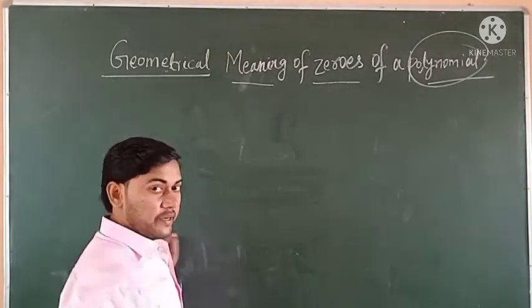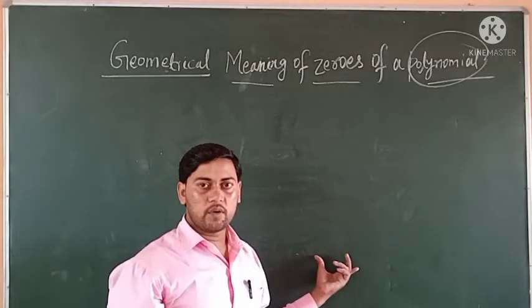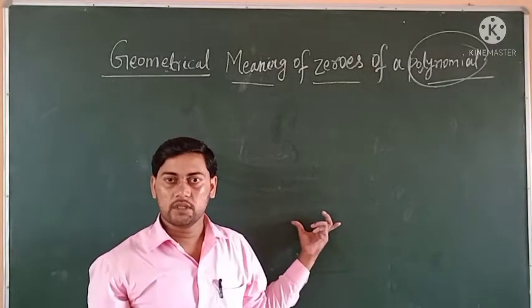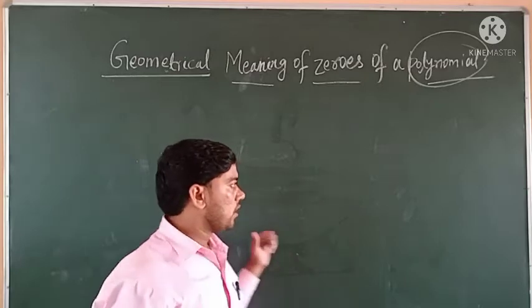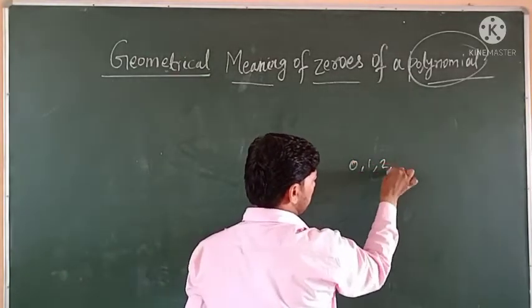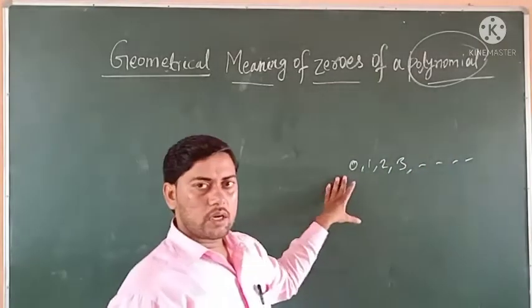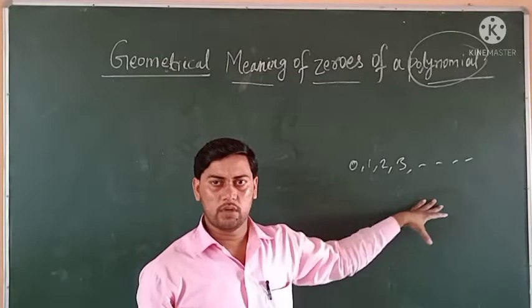A polynomial is an algebraic expression in which the power of the variable is only a whole number. Whole numbers, you know already: 0, 1, 2, 3, and so on. Zero and all counting numbers are called whole numbers.